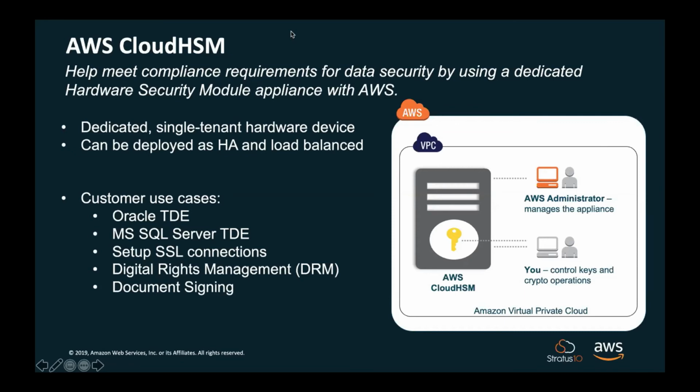AWS manages the appliance in terms of it being in the data center, but you're controlling your keys and are the only one that has access to those keys. And then you can be compliant with higher regulatory needs. And just for your information, CloudHSM uses the SafeNet Luna device. So if you're familiar with that, it's that exact device, but it's just available to you in the cloud.